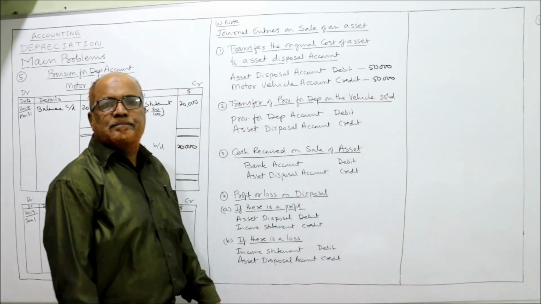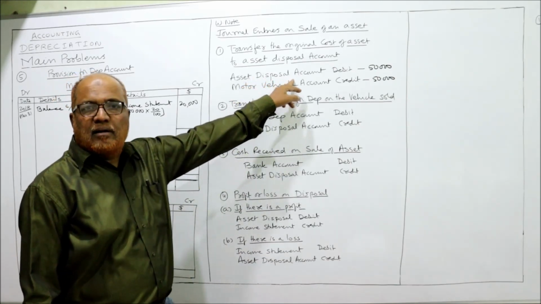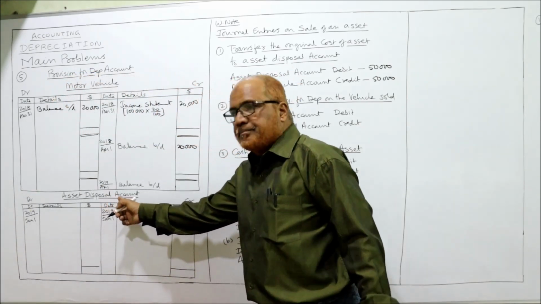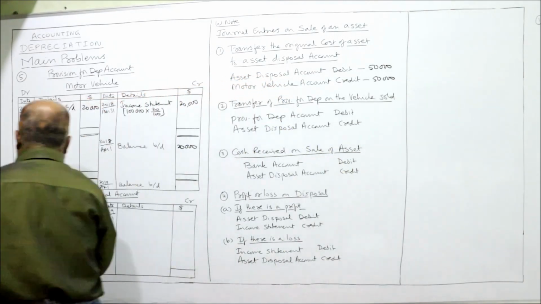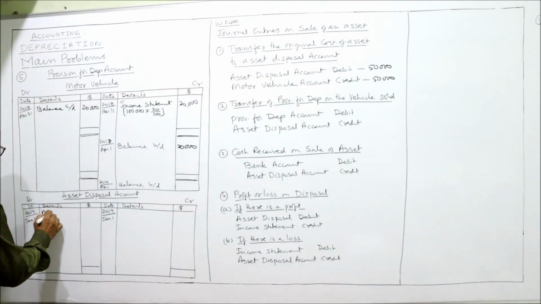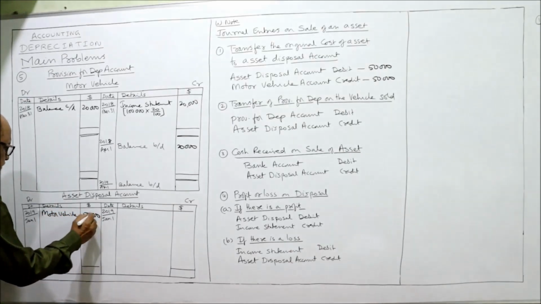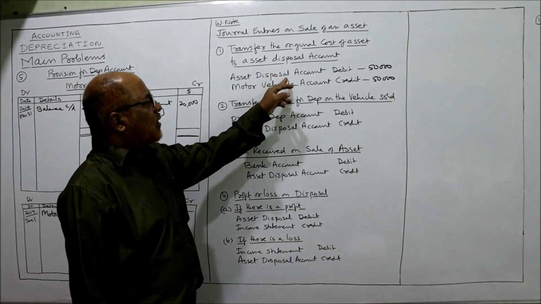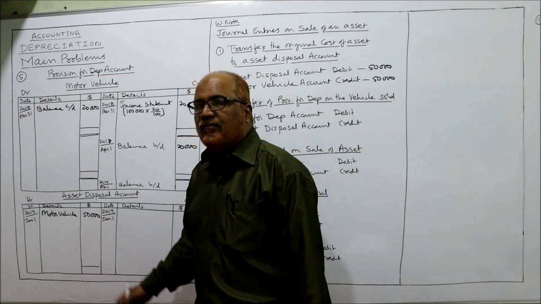This is the entry. So the asset disposal account should be debited on the debit side. I will write on motor vehicle 50,000. Asset disposal account debit, motor vehicle credit. So asset disposal account debit side, motor vehicle 50,000.